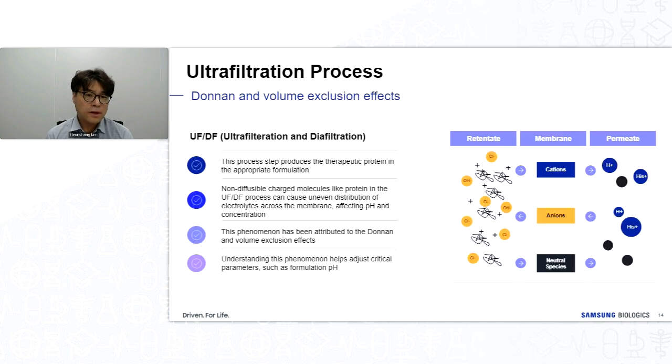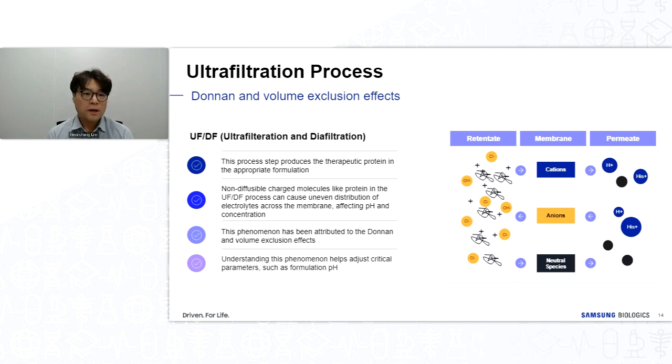As I mentioned earlier, during the UFDF processing of high concentration protein formulations, there are often changes observed, such as pH changes. From a formulation perspective, achieving the accurate target pH is a very critical attribute for the overall stability of the formulation.